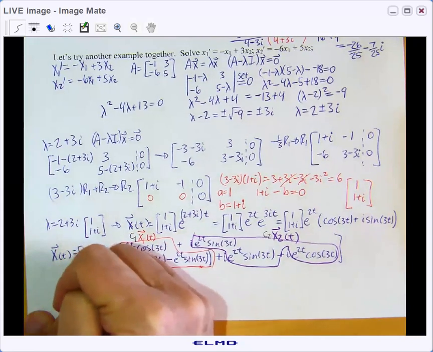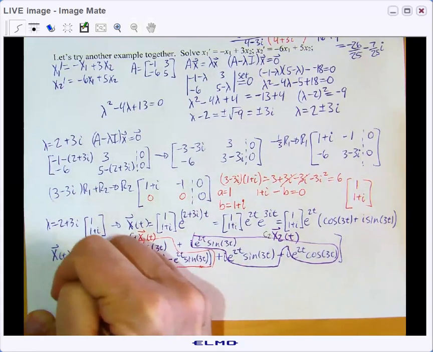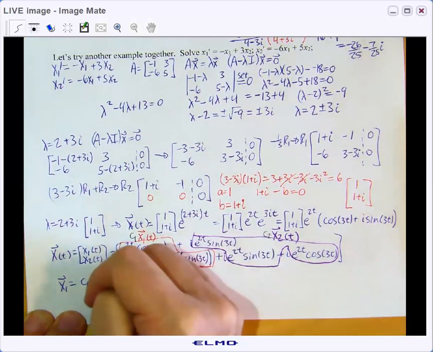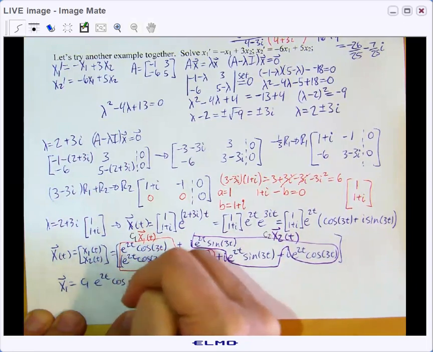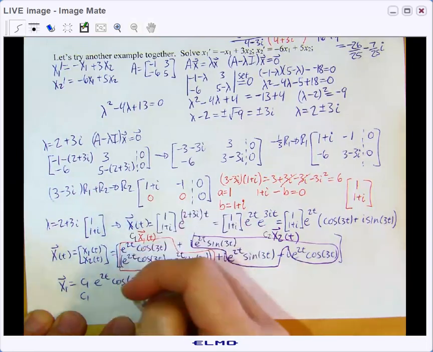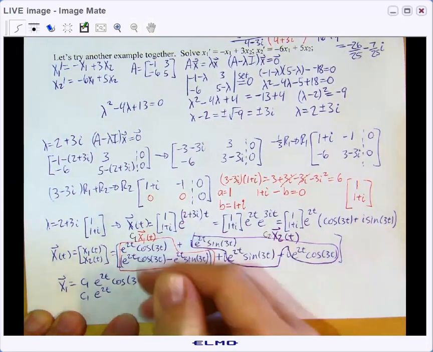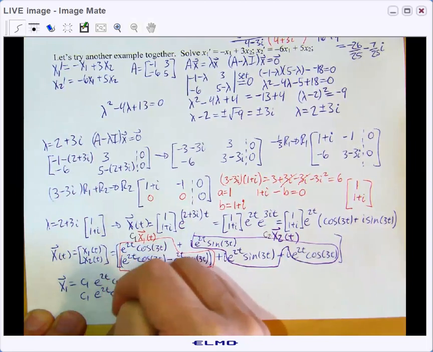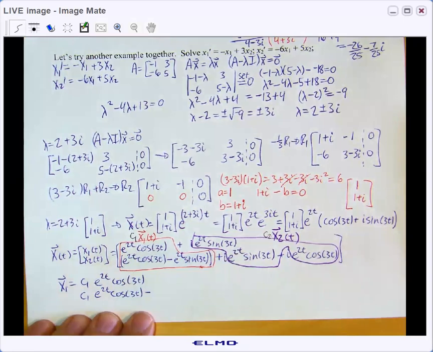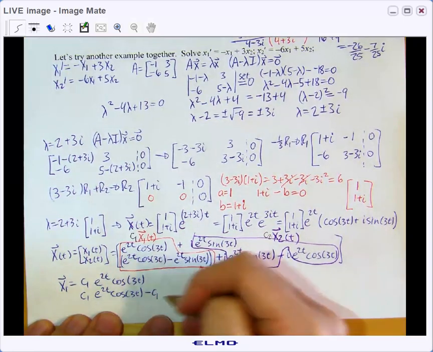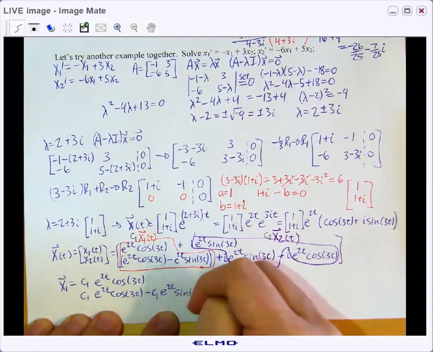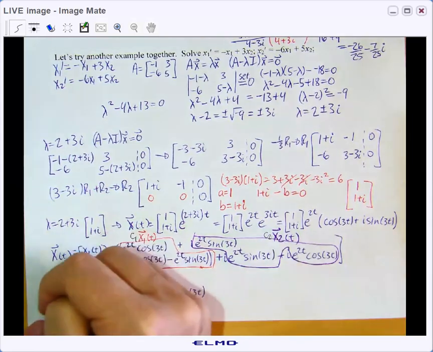And so if we do that, we will get the following. That x1 vector is c1 times the vector with top entry e to the 2t cosine of 3t and bottom entry e to the 2t cosine of 3t minus e to the 2t sine of 3t, and that's c1 times x1.